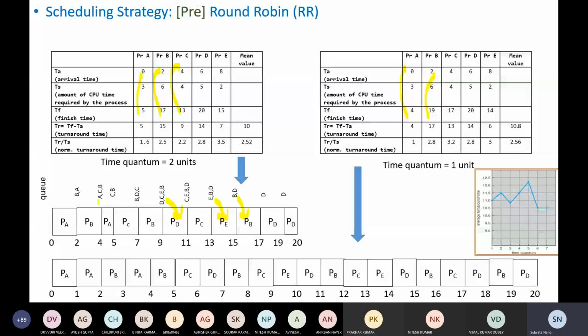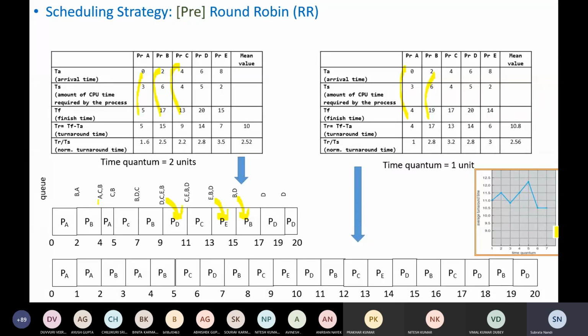Now this cannot be concluded like this because it very much depends on the choice of time quantum. If we plot for a given scenario, varying the time quantum on the x-axis and performing the experiment, it increases then decreases like this.